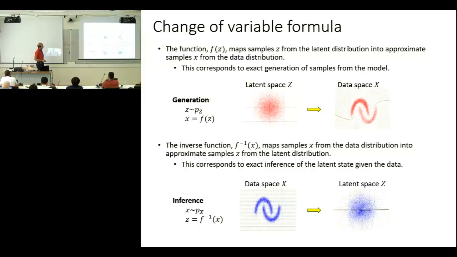We convert them into samples of the latent space, but since in the latent space we know the probability distribution, which can be Gaussian or logistic or uniform, we can measure, for example, the log likelihood of these samples. For example, if one sample has a low probability in the latent space, or it's an outlier, we can measure that because we have the probability distribution here.